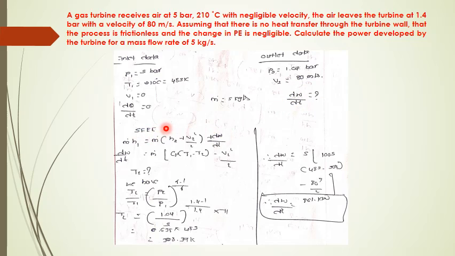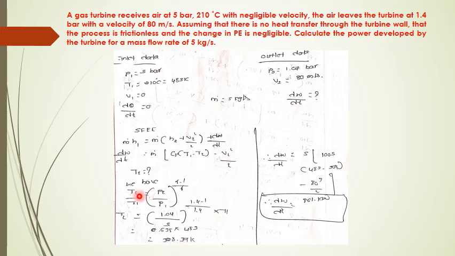Then consider the steady flow energy equation: m dot h1 is equal to m dot into h2 plus V2 square by 2, plus the work rate dW by dt, the change in work per unit time. Here we need to find T2. Using this relation, we can calculate the exit temperature. This relation is between temperature and pressure for an adiabatic process.